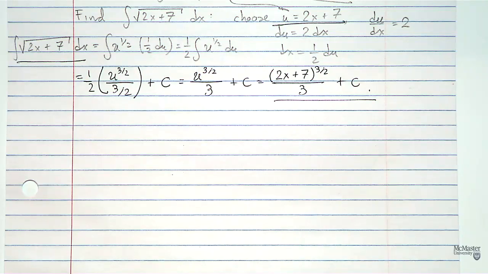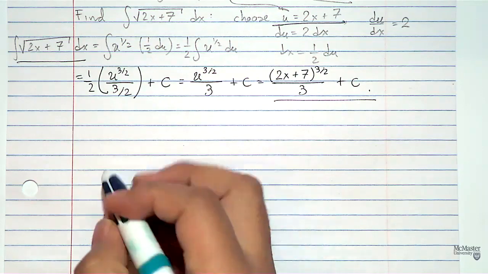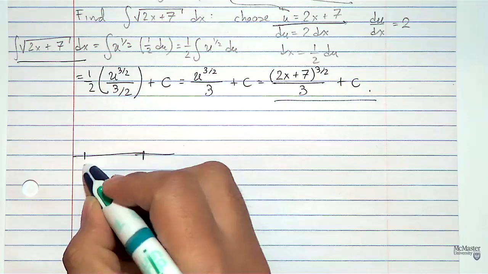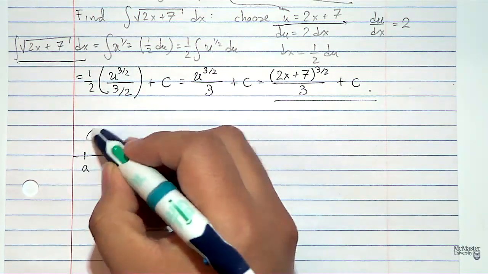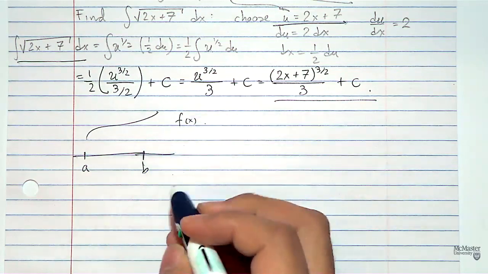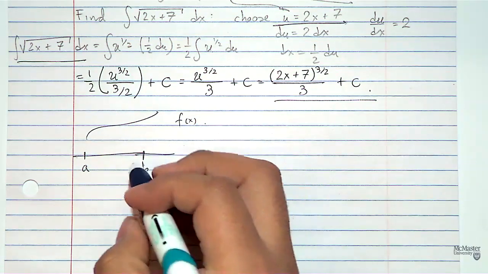There is actually another interpretation of the integral, which is the area under a curve. That happens when you have an integral over some given interval. I'm just trying to make it easier for you to understand. Let's say that you have a function f of x defined over the interval a, b.